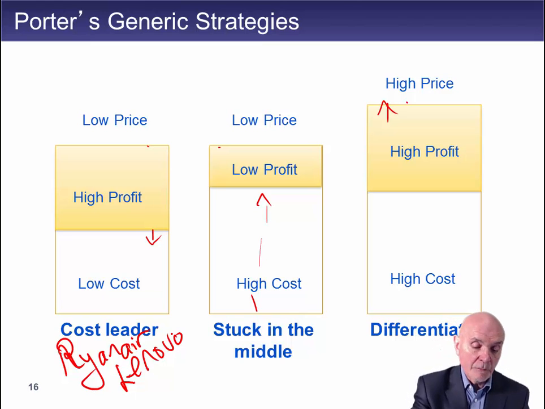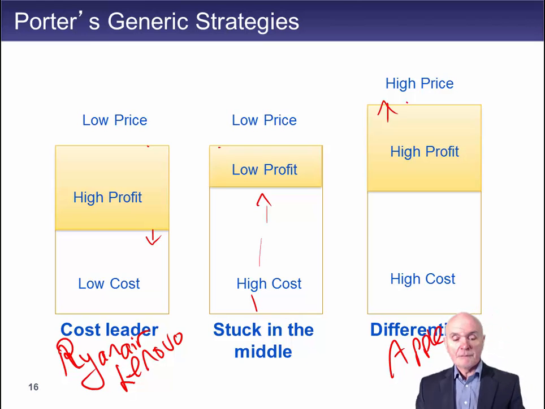But maybe over here what we have is Apple. Well, people seem to be willing to pay a premium price for Apple. Maybe it does things slightly better, but certainly a lot of it's to do with the styling and maybe the branding of the product. And of course we know Apple makes fantastic amounts of money as well.